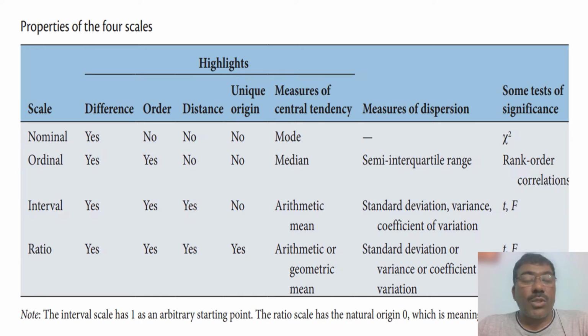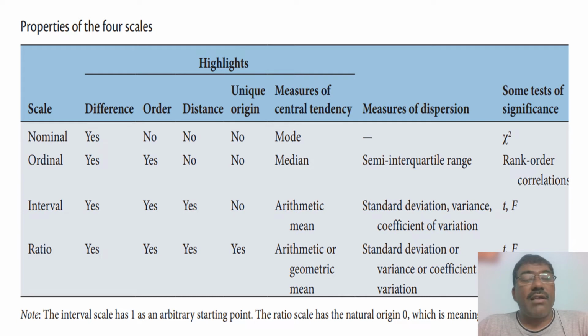The second one is the ordinal scale. The ordinal scale is also categorical. It also categorizes the sample respondents, and one more feature is that we can arrange all the sample respondents in order. That is one of the characteristics of the ordinal scale.